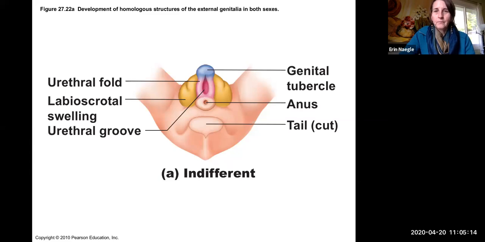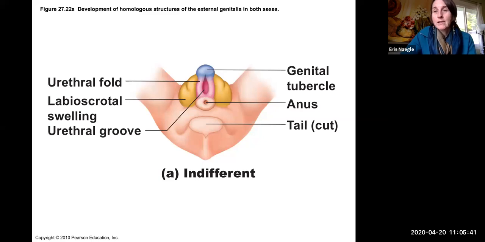And we've talked about development of homologous structures before in male and female reproductive systems. And what is a homologous structure? Well, a homologous structure means that they develop from the same tissues or same germ line. No, that's not right either. But basically, the structures have a similar origin.